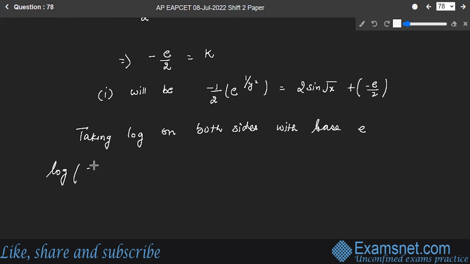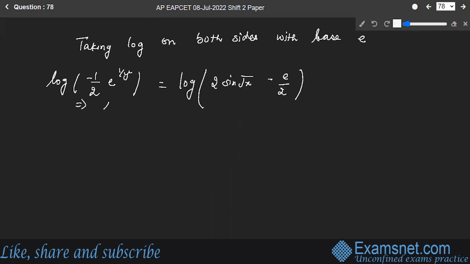This will be log of minus 1 by 2 e raised to power 1 by y square is equal to log of this whole thing, 2 sine root x minus e by 2.